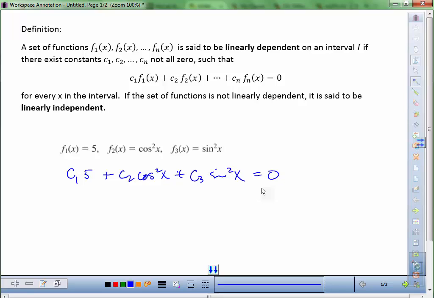Yeah, so we got this cosine and sine business, so if we make C2 and C3 to be the same, we can make them equal to 1, or 5 or negative 5 or whatever. So there's a bunch of combinations you could take.